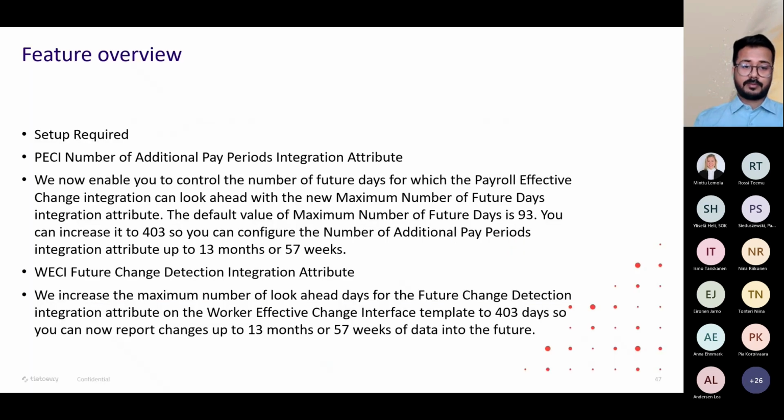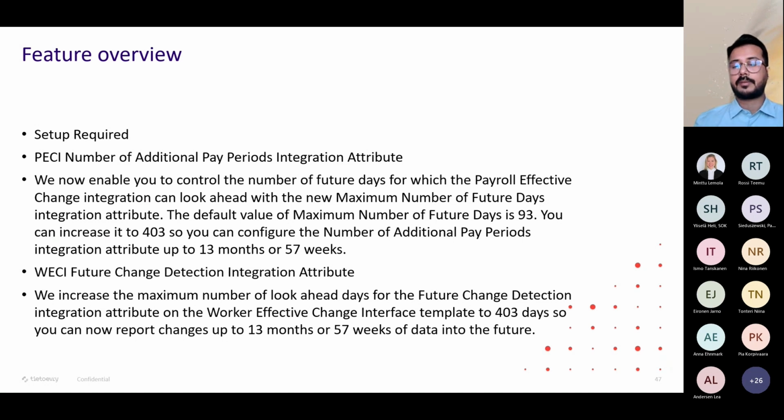This is one of the most interesting features I have seen, and I think many of us were struggling for this. There were many brainstorms on whether we can increase it. With this release, we have control over the number of future days, and we can have a look-ahead date. The default value is 93, but now we can increase it to 403.